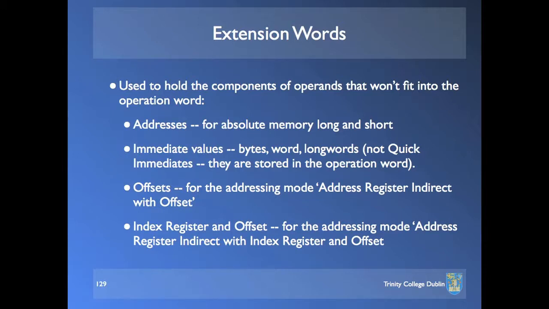If you think of the operation word as a resource for a moment, for naming different instructions that in principle the 68000 might be able to execute, the total number of possible distinct instructions is obviously 65,536. And a much smaller number than that is actually used.